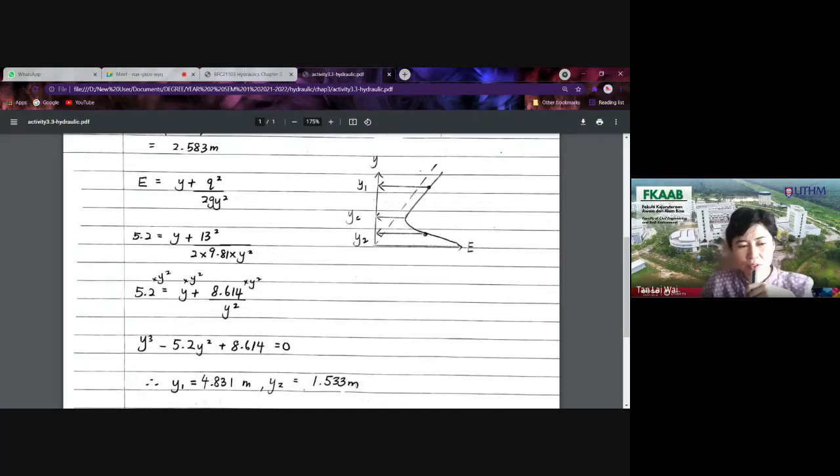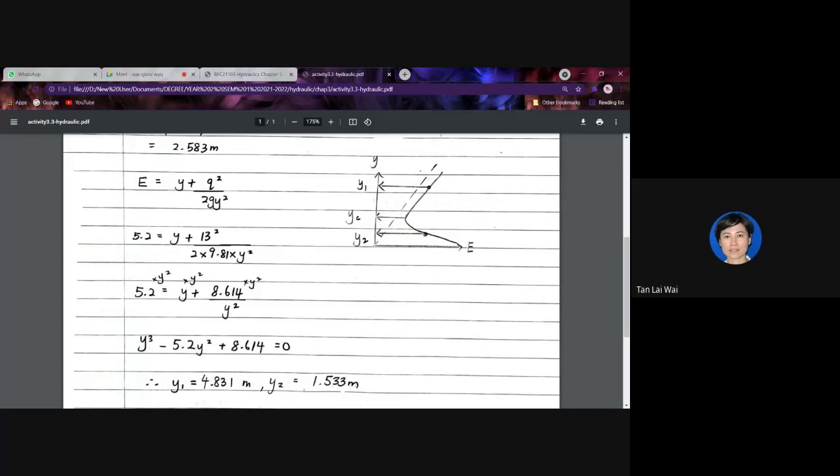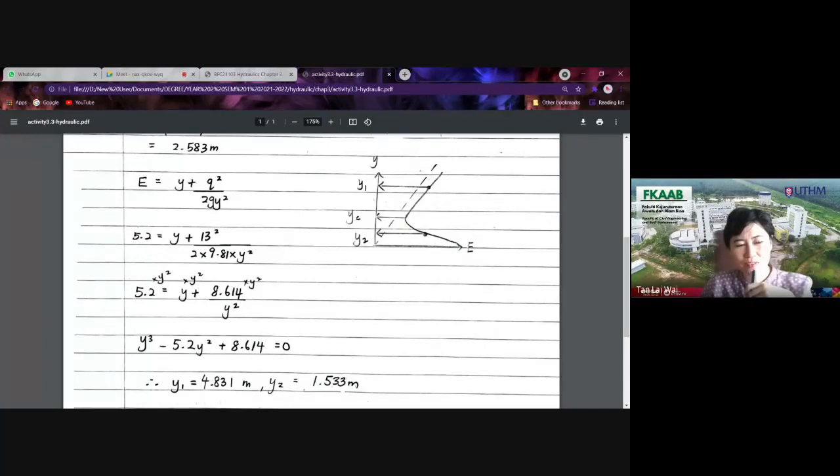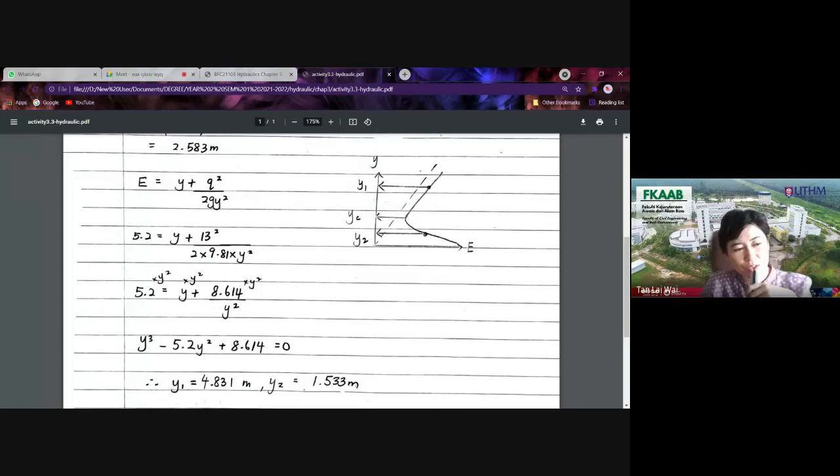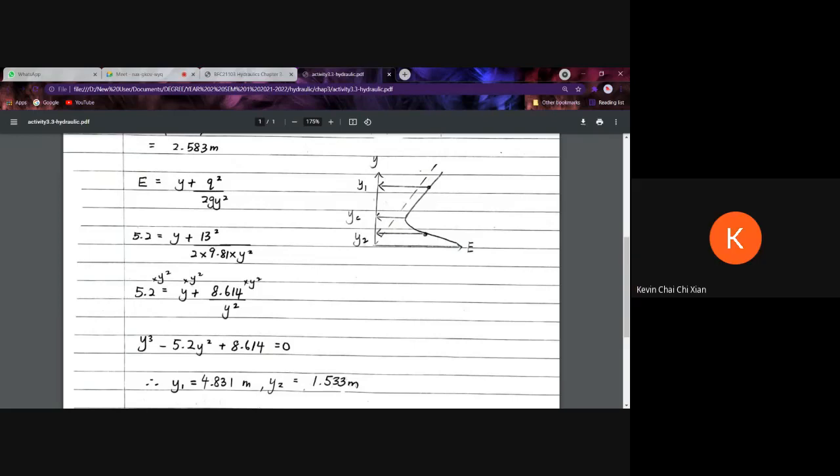Now, could you describe how you solve this using your calculator? Just try to explain it in a simple way. Is it okay, Kevin? Okay. All right. I will press mode and then 5. Why do you need to press mode 5? To solve the equation. Okay, right.